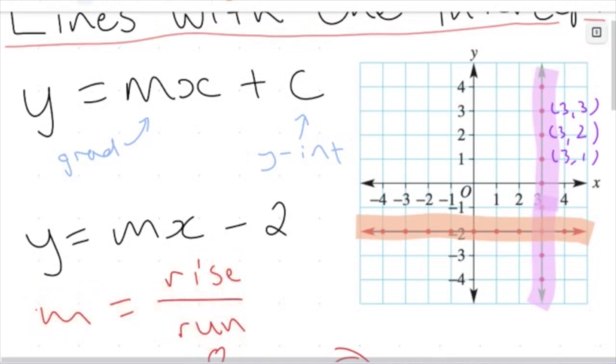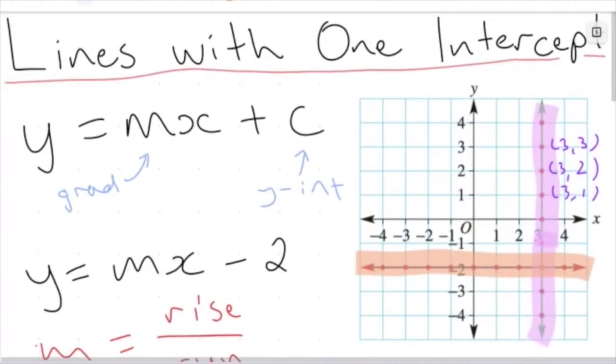So in finding the equations of these types of graphs, all we have to locate is the intercept. And that tells us what our equation is going to be, which may seem to some people counterintuitive, because here the line x equals 3 is a vertical line, and we often associate vertical with the y direction.